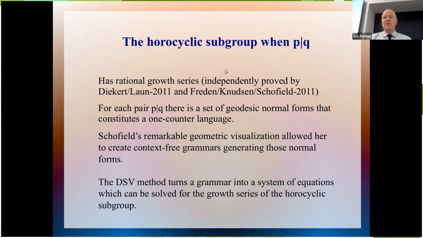In addition, we both showed that the geodesic normal forms constitute a one-counter language, a context-free language where we only have to have one symbol for your stack and your sequence count. One of my students, Schofield, who co-authored this article in 2011, calculated exactly what the rational growth series were for every situation.